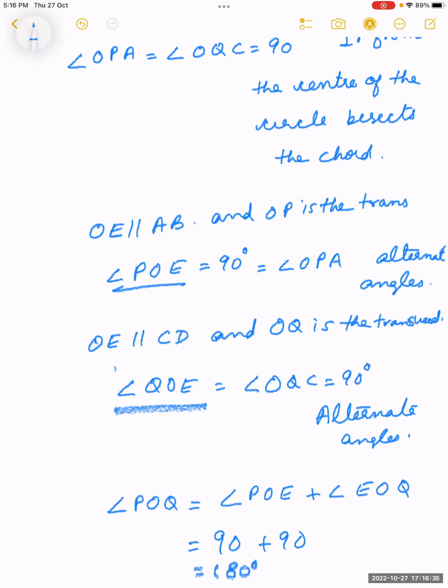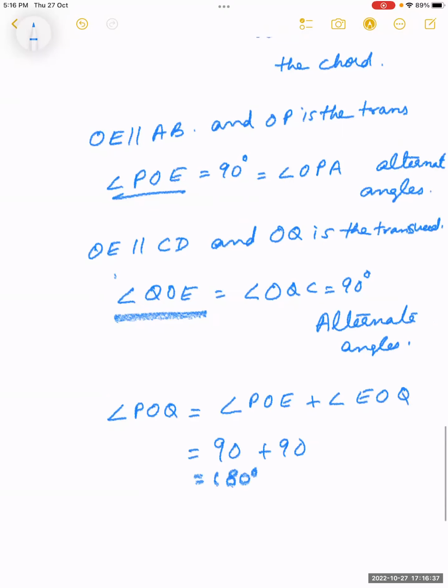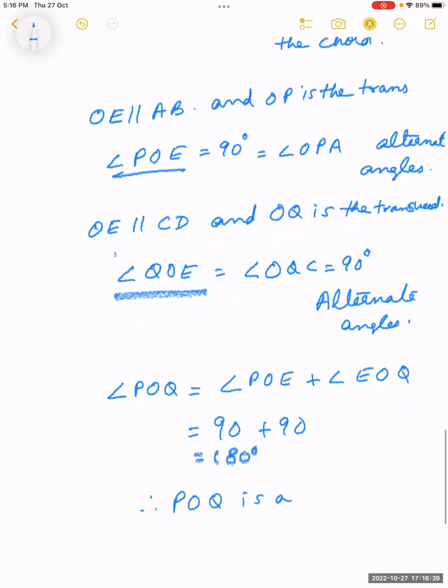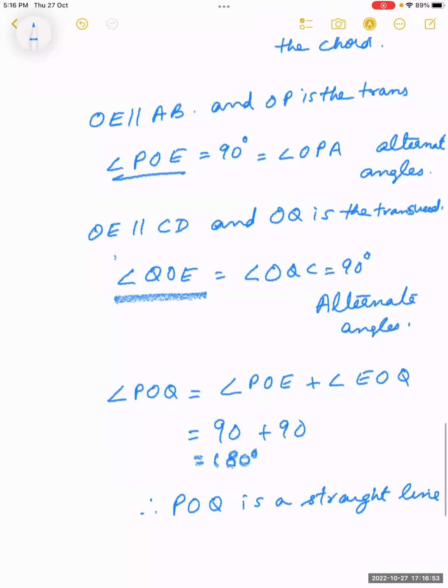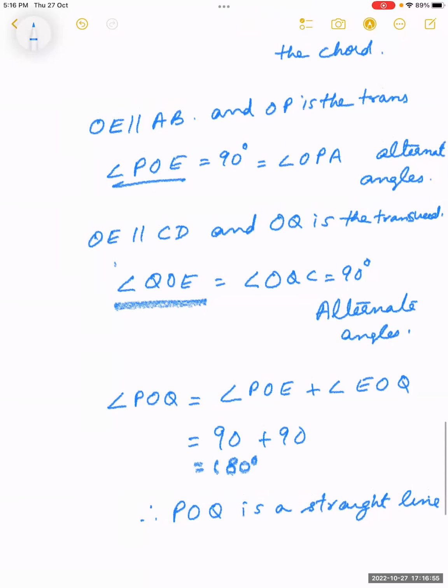What does it mean? Therefore, POQ is a straight line, and hence proved. Because O is the center, this is the reason.